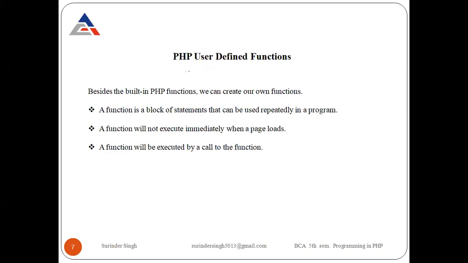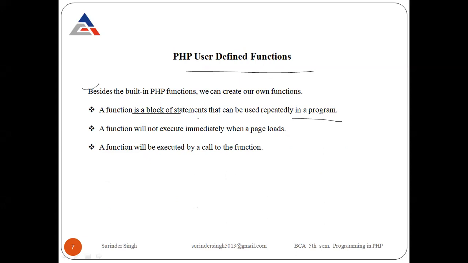Under user defined functions, besides the built-in PHP functions, we can create our own functions. A function is a block of statements that can be used repeatedly in a program. You can call them many times according to the requirement.